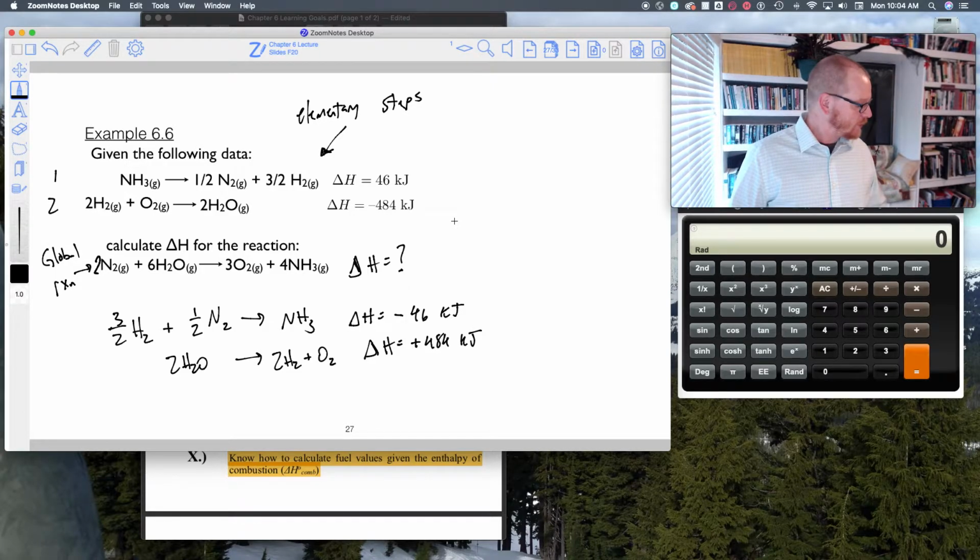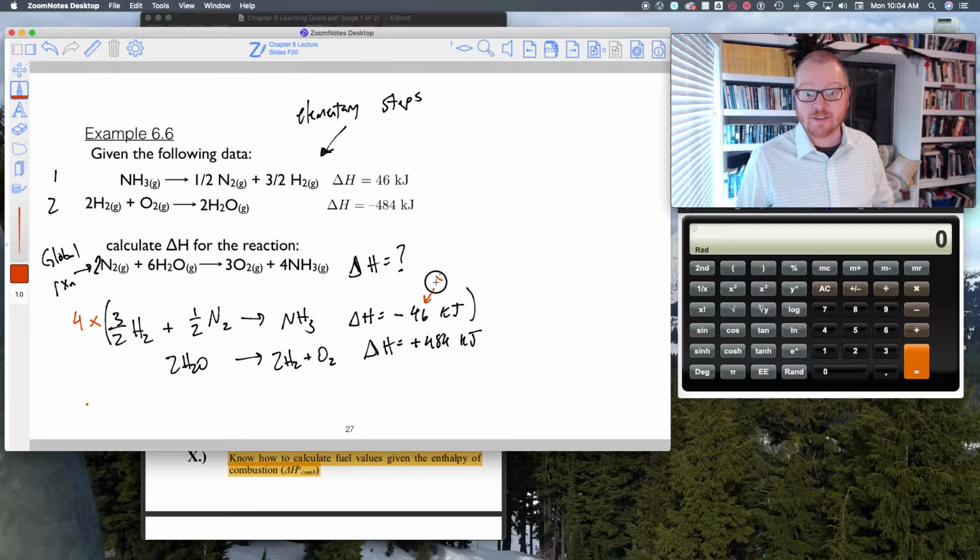Whoops. Okay, so what that means now, what I want to do, to get 4 ammonias, I'm going to multiply this whole thing by 4. Okay, times 4. And so not only is that going to give me the right nitrogen and ammonia, right? 4 times 1/2 gives me 2 nitrogens and 4 ammonias. But I also need to remember that I'm going to multiply this by 4 as well.